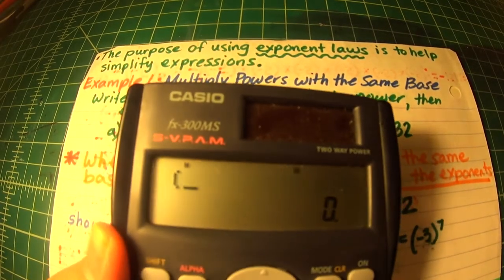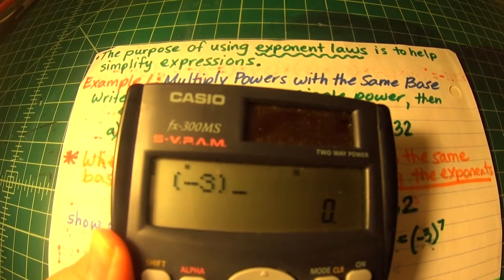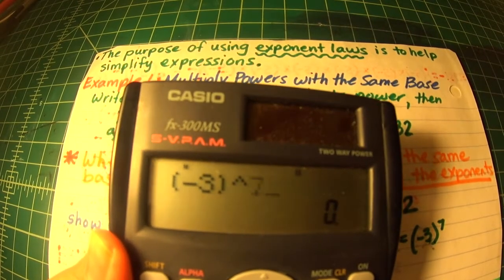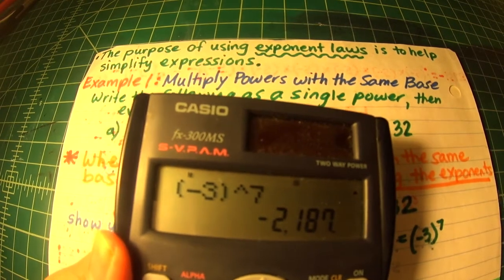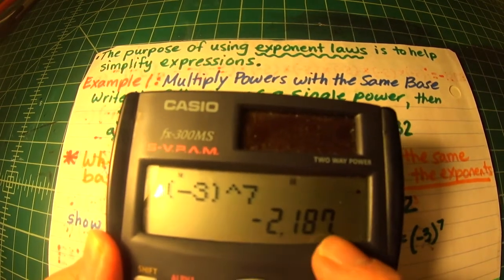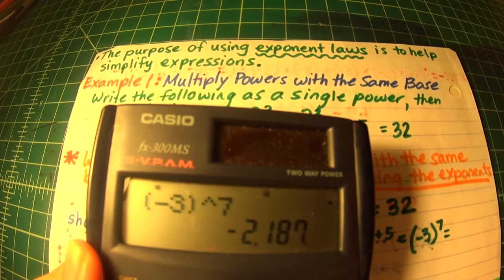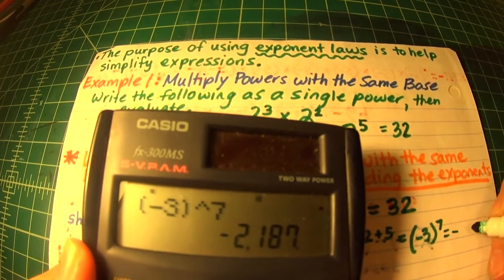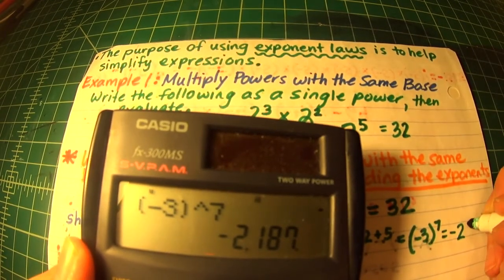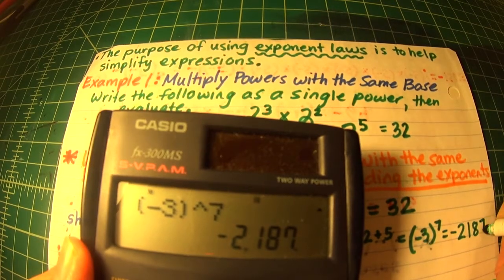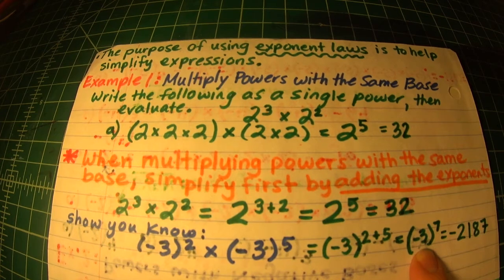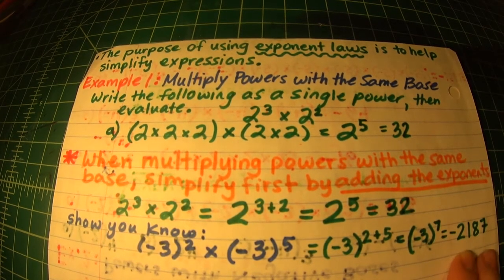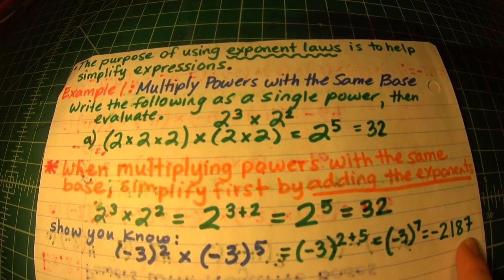So we have to do bracket, negative 3, end bracket, all raised up to the exponent 7, equals, and there it is. Like I said, I should be having a negative answer, and I do. So that all makes sense. Negative 2,187 would be my answer. So there's my single power, and there is the value of it. I've evaluated it there.